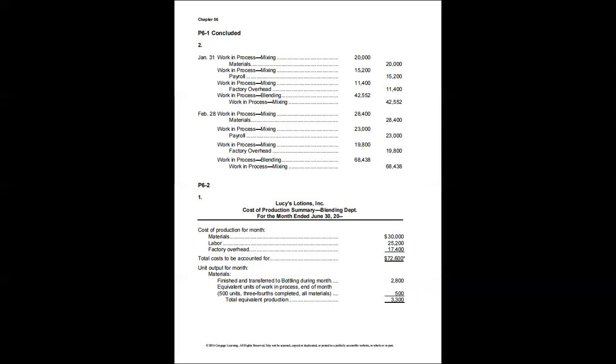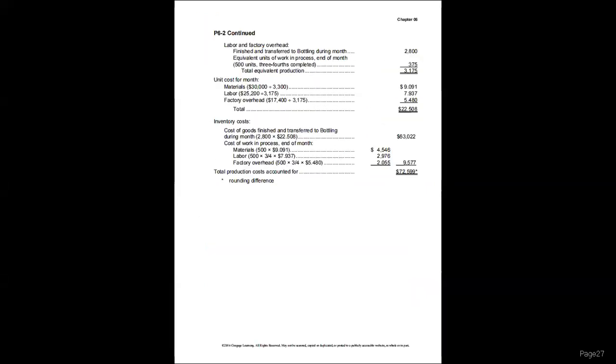All materials, meaning we have materials fully applied. And for the equivalent production of materials of 3,300. Now for the labor and factory overhead, we have the equivalent production of the 500 units only at 375.